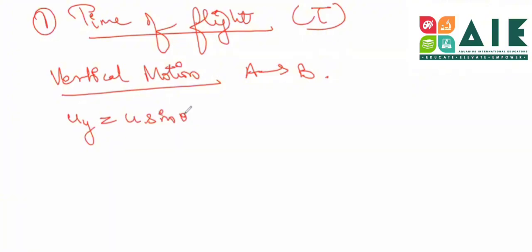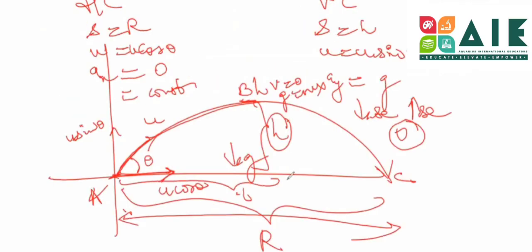Let's consider that in the first half, the time period is t. In the second half, again, the same time is taken. So the time period is small t.